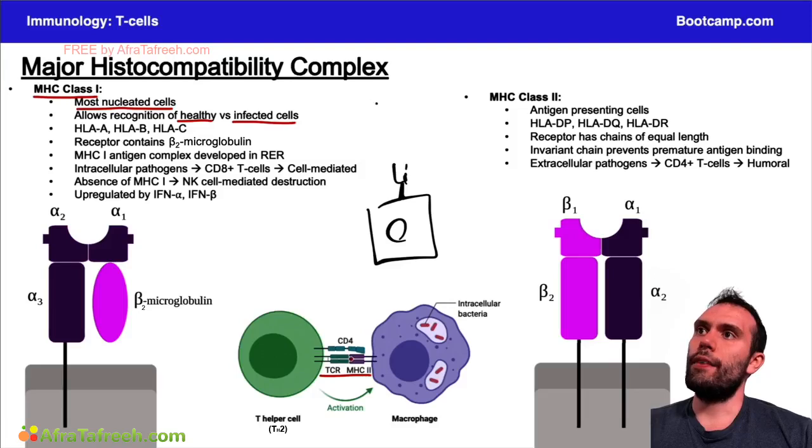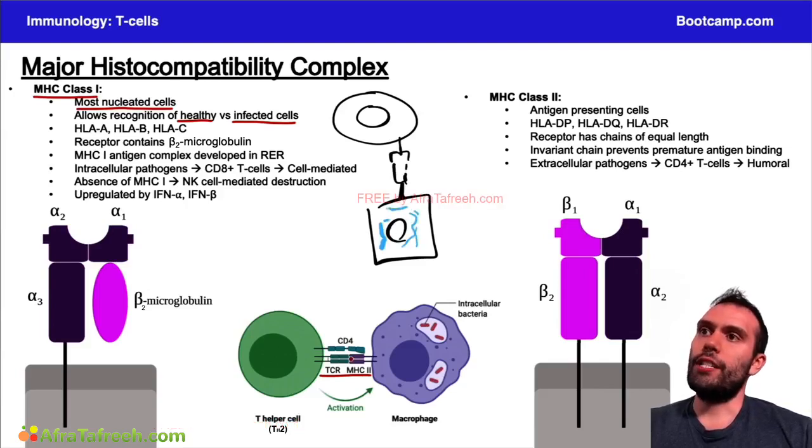And if I have some T cell nearby, okay, so I have some T cell over here, this T cell will also have a T cell receptor. And this healthy cell might present some of the self-antigens. So there are a lot of proteins in the cytosol of the cell, and some of those proteins might end up going into the rough endoplasmic reticulum and eventually getting transported to the surface on this MHC1 receptor.